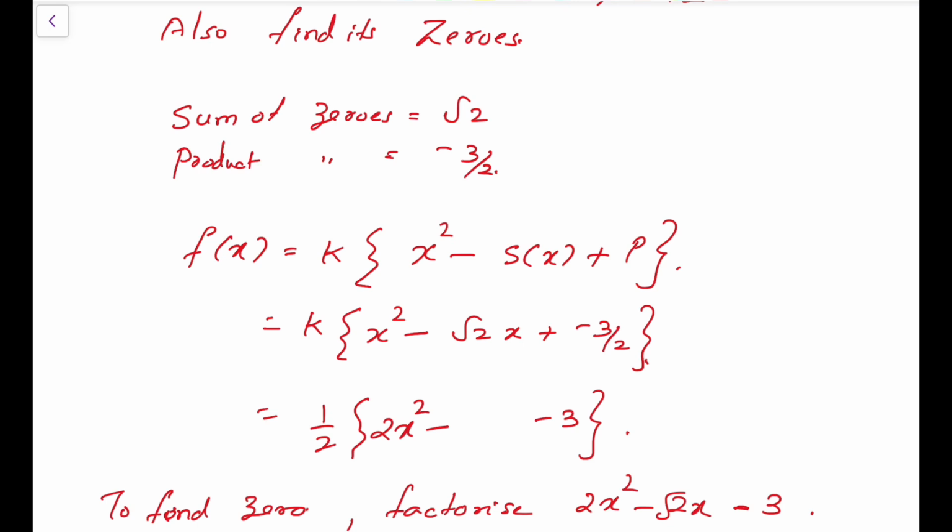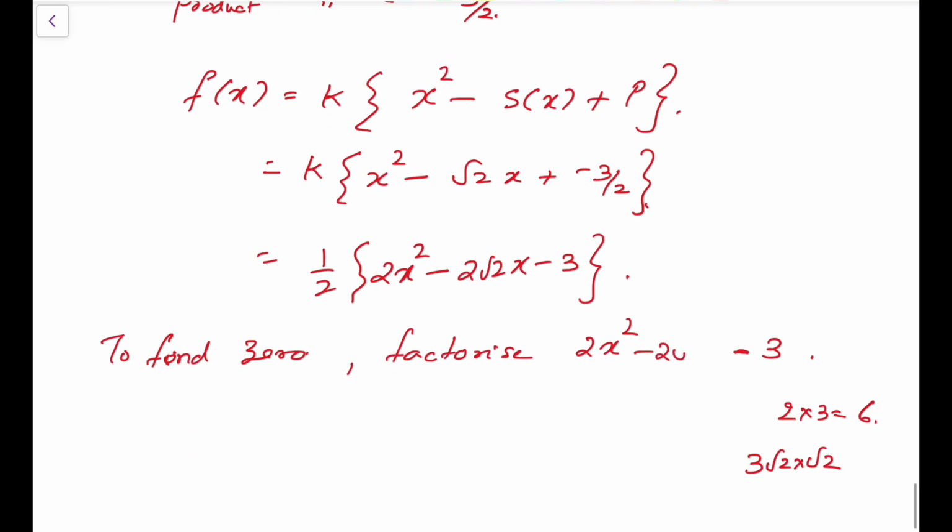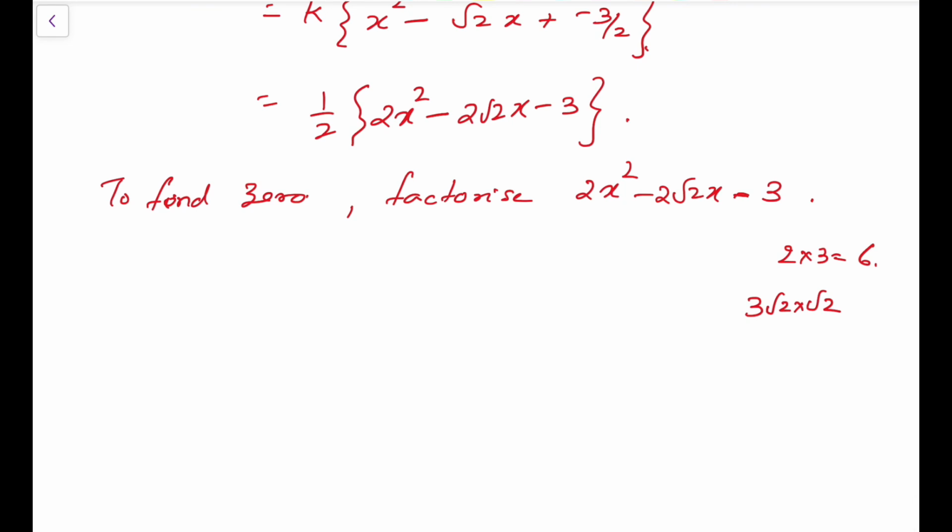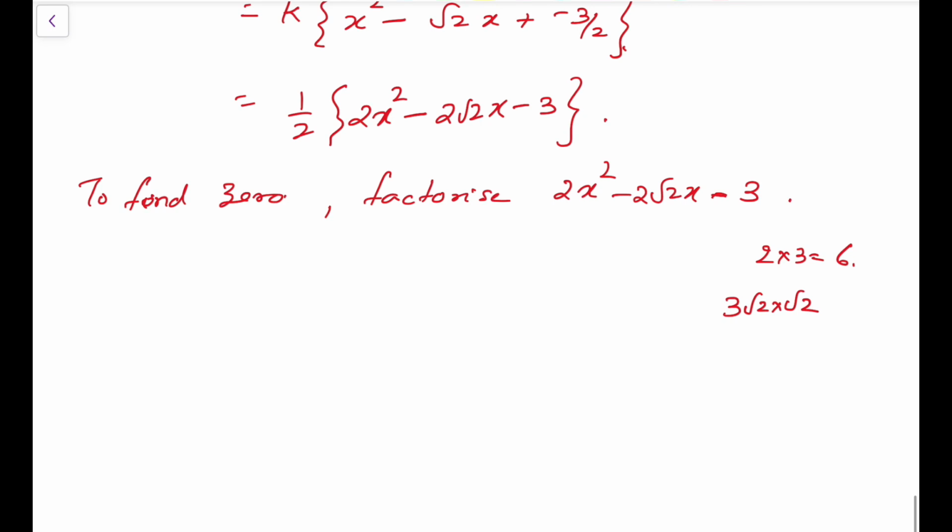I have made a mistake here, it is 2 root 2x. Yeah, now we'll get it. So 3 root 2 minus root 2 will be 2 root 2. So that is how you will select the terms.